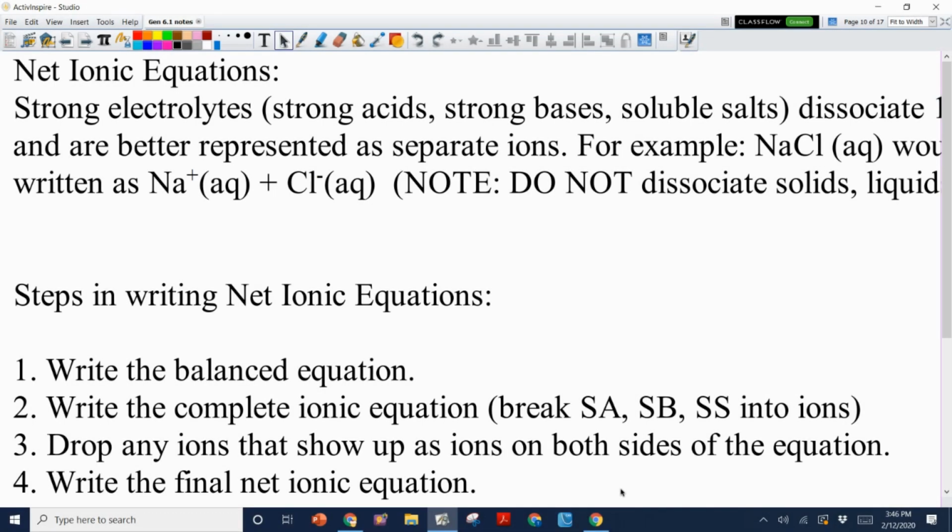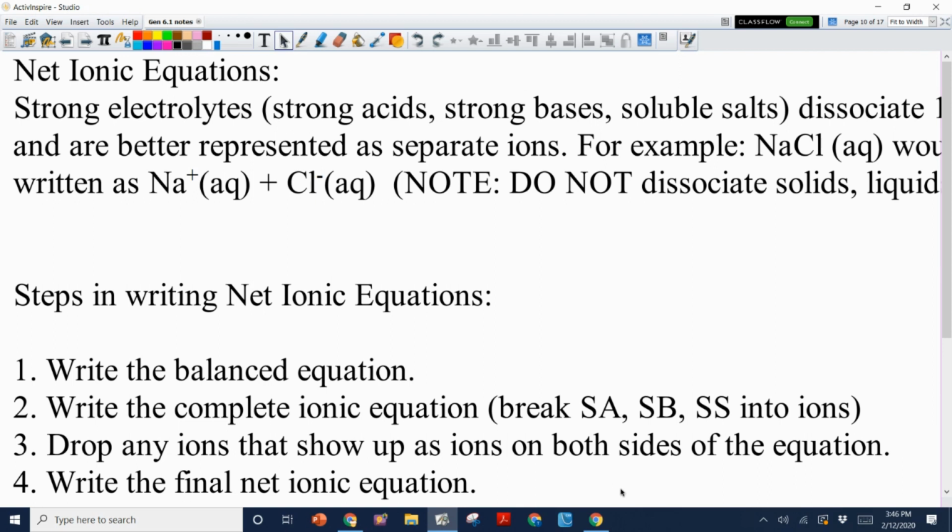All right, this is the third part and the final part in 6.1 for pre-AP chemistry, and this is net ionic equations. Looking at chemical equations, there is something called a net ionic equation, which means that some of the compounds are soluble in water, and so the compound will split up into different ions.